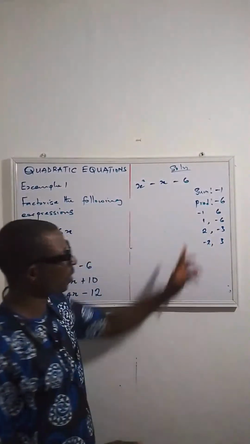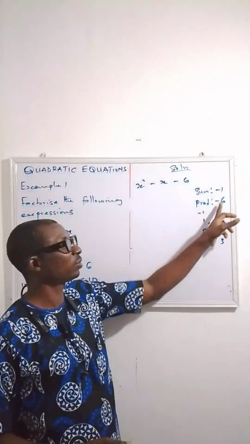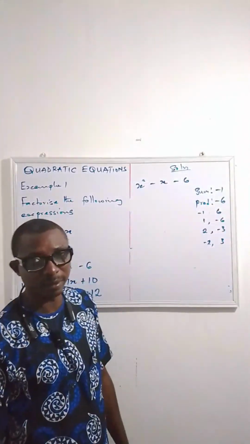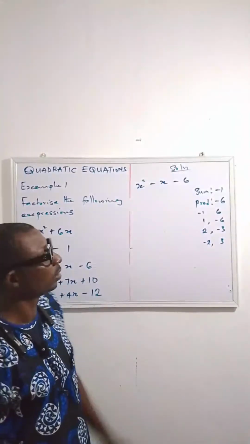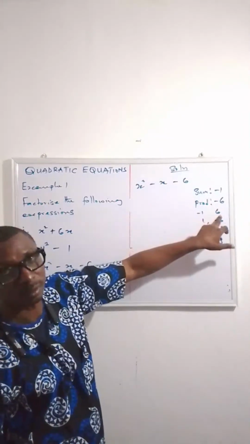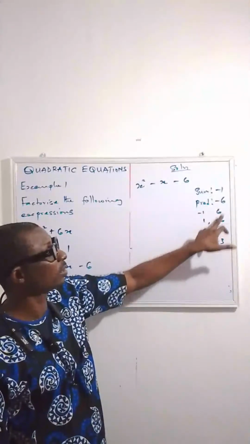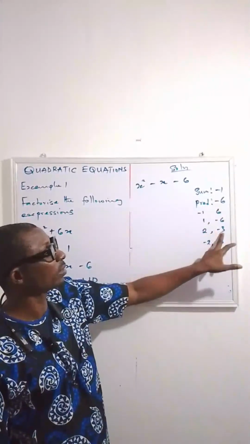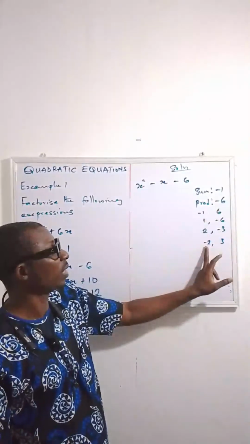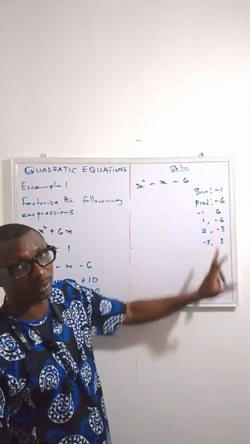These pairs, if I multiply them together, give minus 6: minus 1 times 6 is minus 6, 1 times minus 6 is minus 6, 2 times minus 3 is minus 6, and minus 2 times 3 is minus 6.